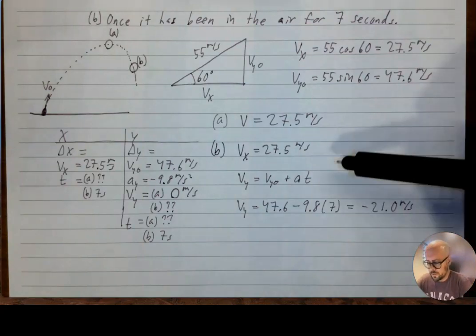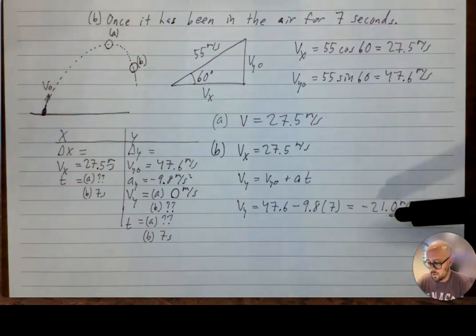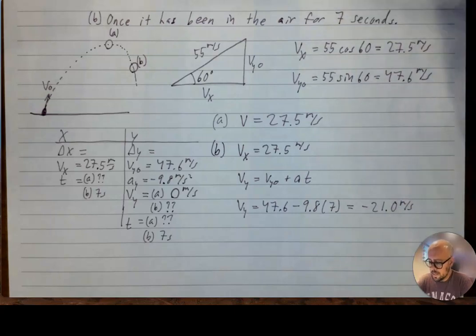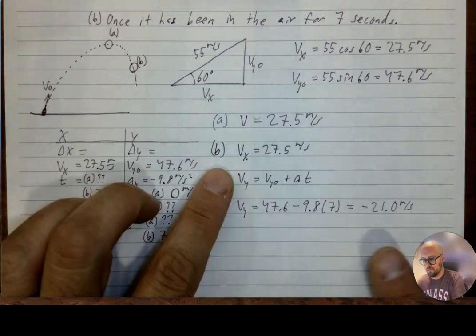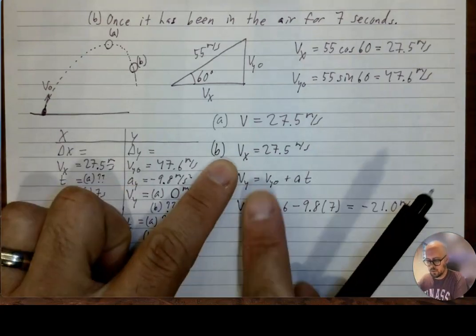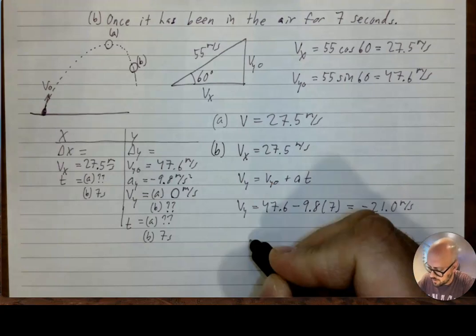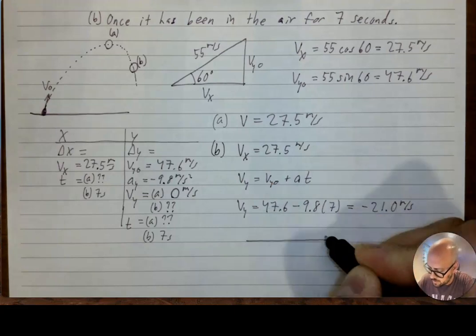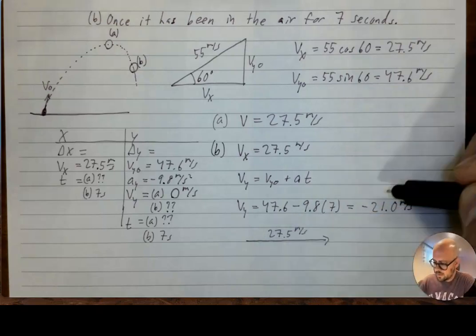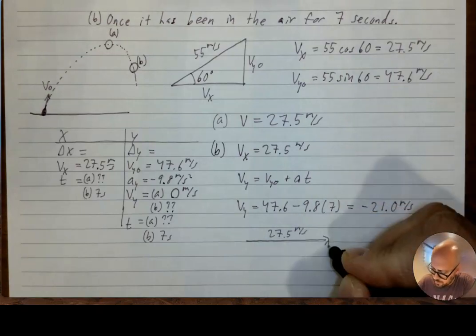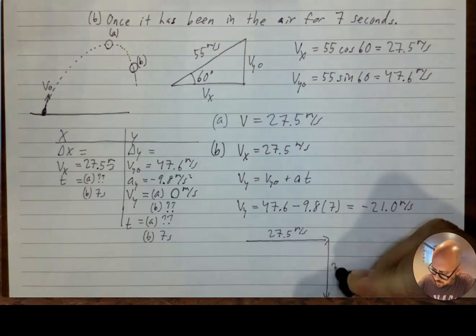Now, we have something brand new that I haven't talked about in any video: calculate the speed of the rocket. So to find the speed, I need to combine these two vectors. It's going 27.5 meters per second in the horizontal direction, and it's going 21 meters per second in the downward direction.